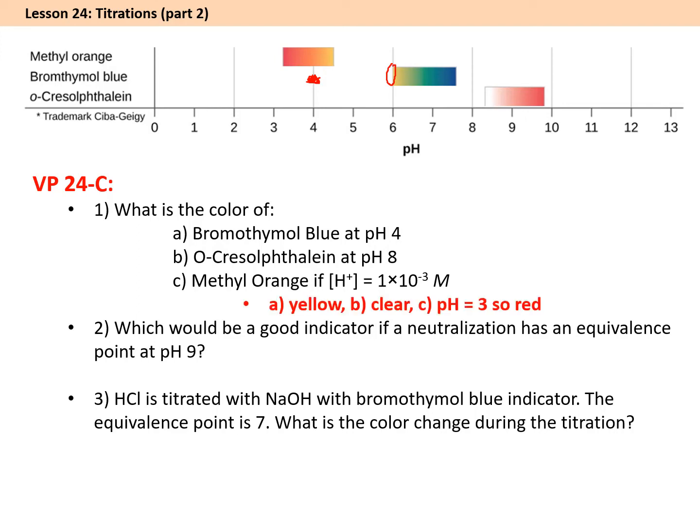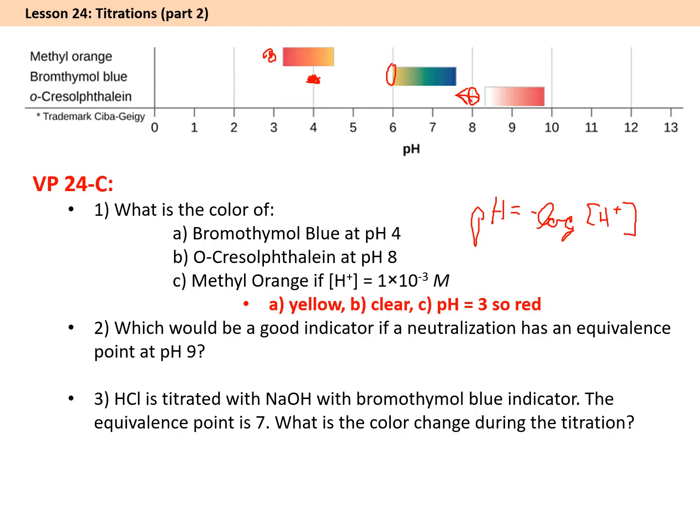How about o-cresolphthalein at pH 8? That's right here. So that's going to be clear because it's less than the color change region. And then methyl orange at H plus equals 1 times 10 to the minus 3. Well, I can use the fact that pH equals negative log of 1 times 10 to the negative 3. That's going to get me a pH of 3. So at pH 3, methyl orange is going to be red.